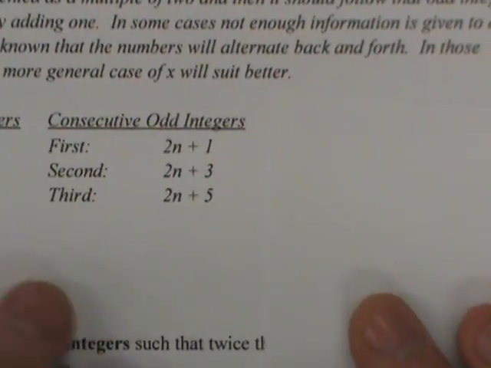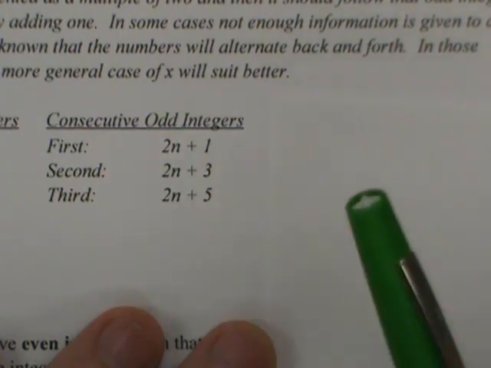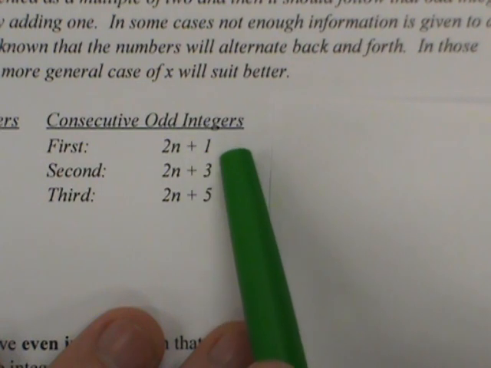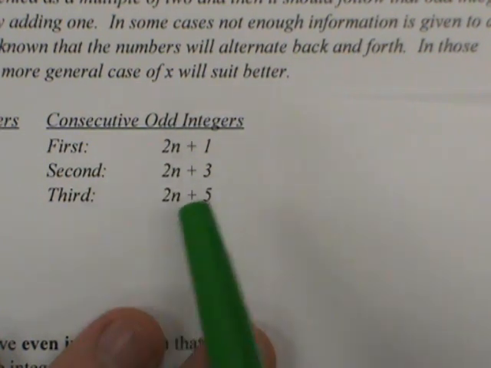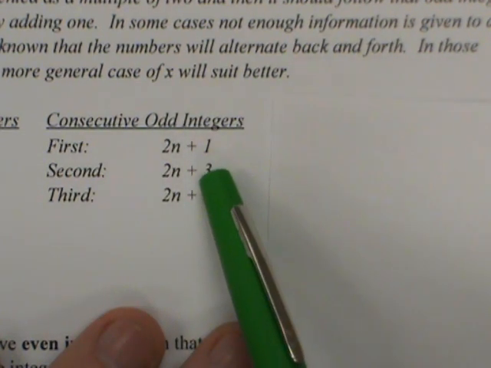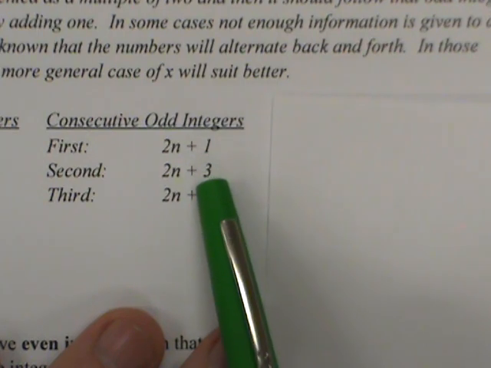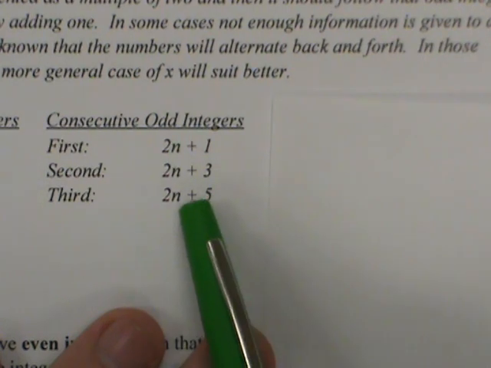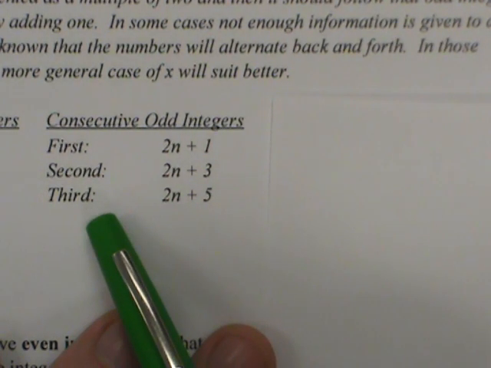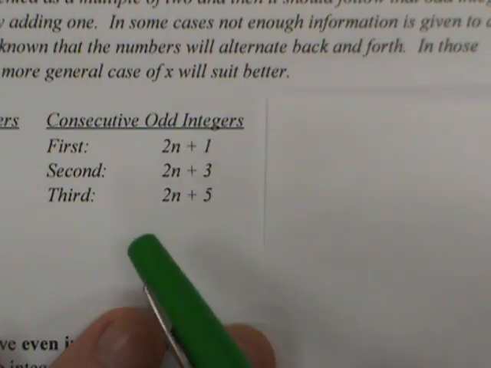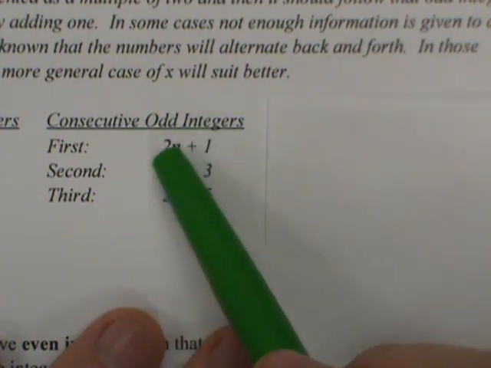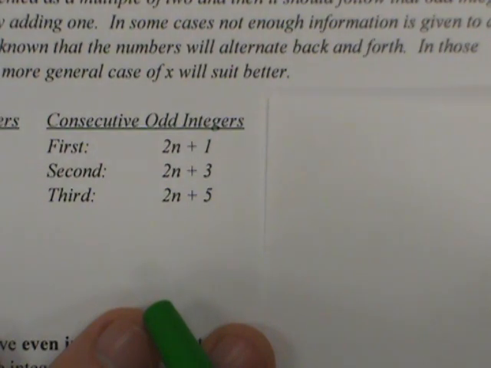If I have consecutive odd integers, I start with 2n plus 1 because that would represent an even plus 1, which is guaranteed to be odd. And then I add 2 to each expression. When I add 2 to this expression, it goes to 2n plus 3. That's an odd number. When I add another 2, 2n plus 5, that would be a third odd number. And if I wanted to continue the pattern, the next would be 2n plus 7, and so on and so forth. This has all the qualities of an odd number.